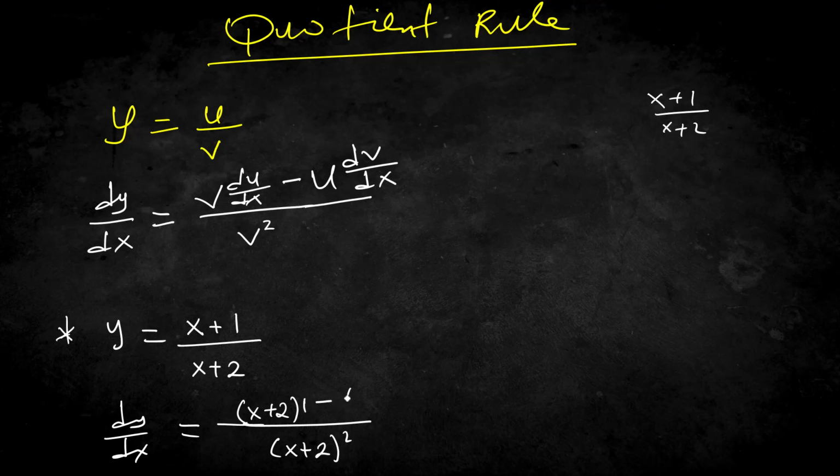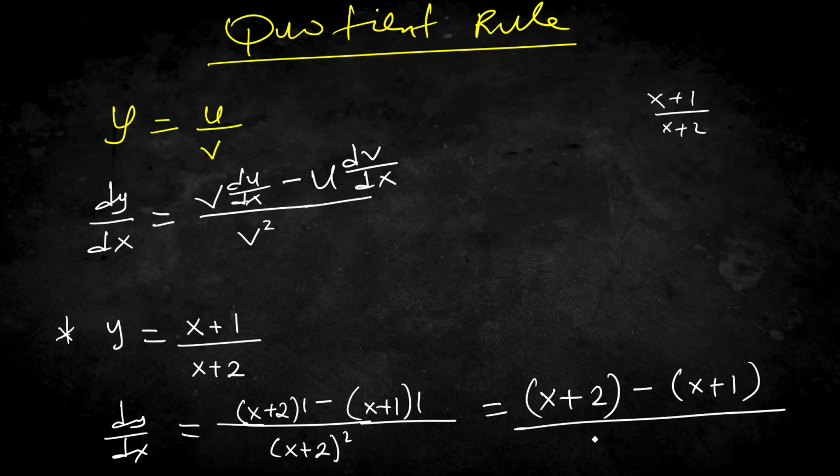This time I'll keep the top one, x plus 1, and differentiate the down one, 1. So we have x plus 2 minus x plus 1, all on x plus 2 all squared.